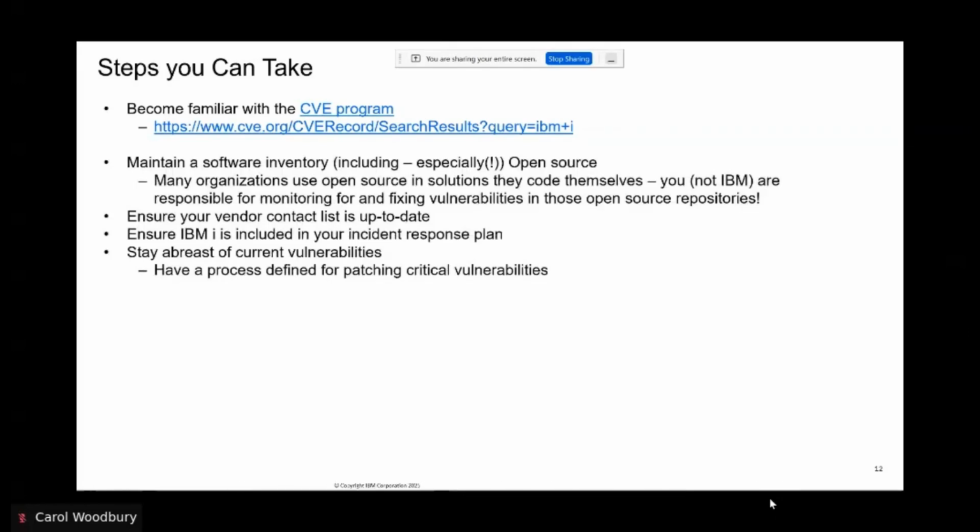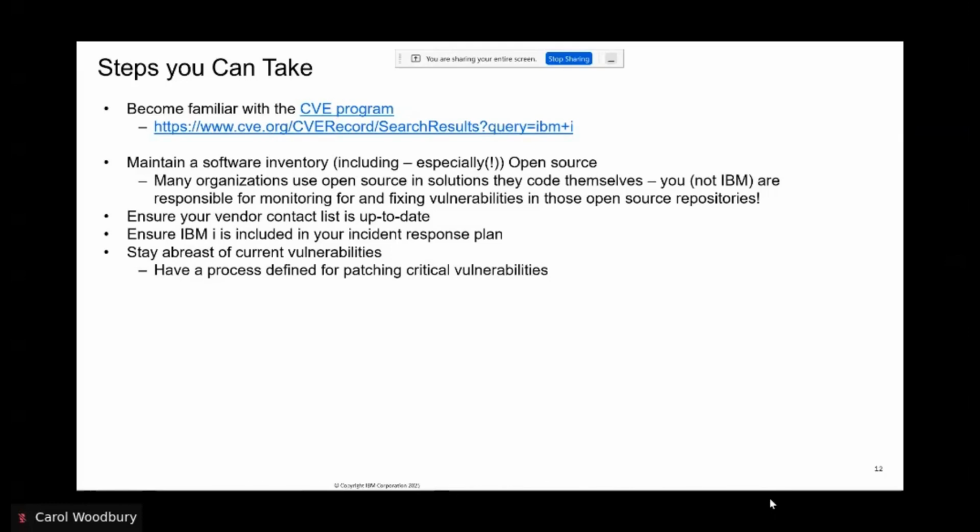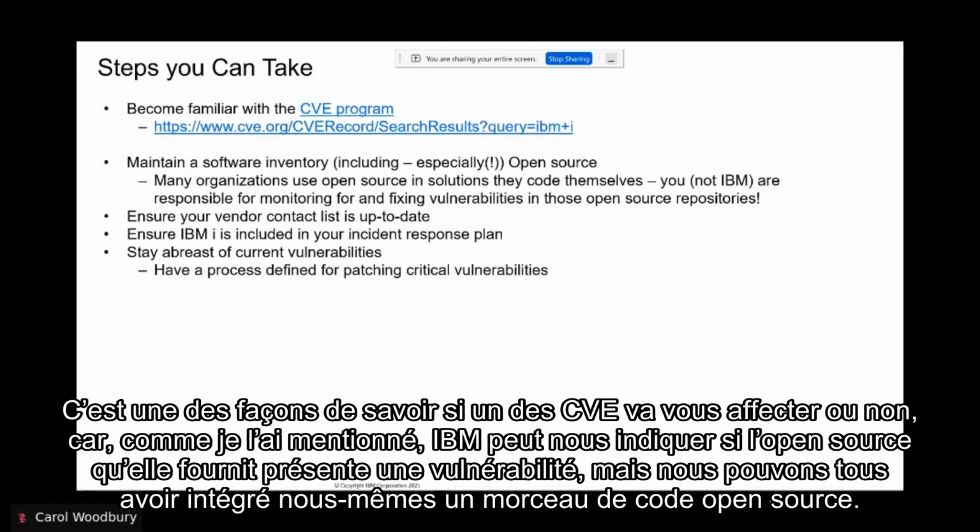So the other thing that you can do for yourself is to maintain a software inventory. This is one of the ways that you know if one of the CVEs is going to affect you or not. Because as I mentioned, IBM can tell us if open source that IBM ships has a vulnerability, but we all may have loaded a piece of open source code ourselves, and IBM has no knowledge of that.